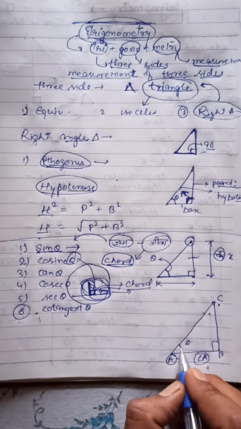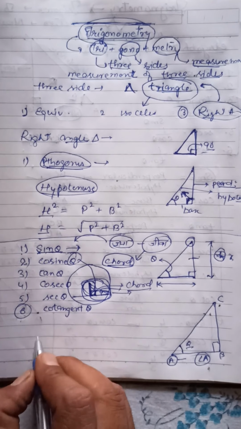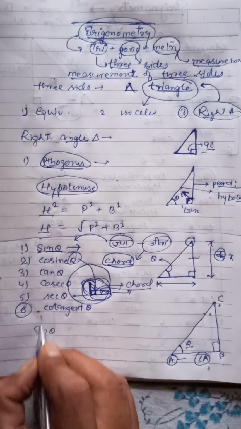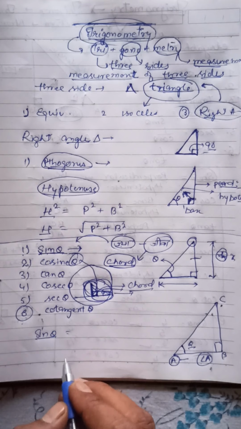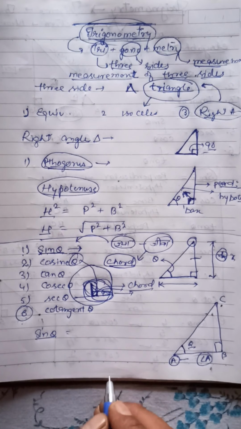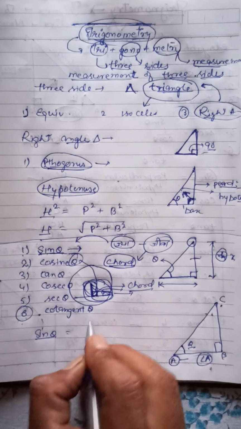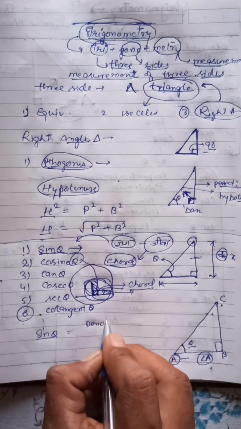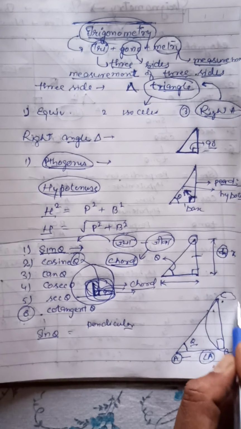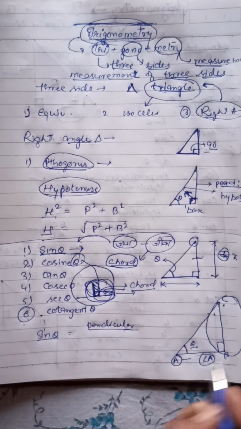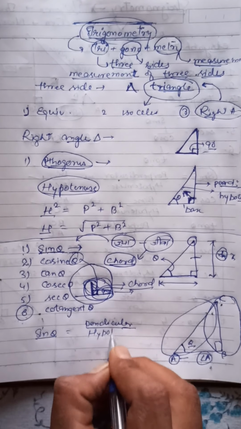Now if we have to find the sine theta, then what is going to be the sine theta? Sine theta will be equal to, I'm giving you that formula, later I'm going to elaborate it. The sine theta will be equal to the perpendicular upon hypotenuse, right?